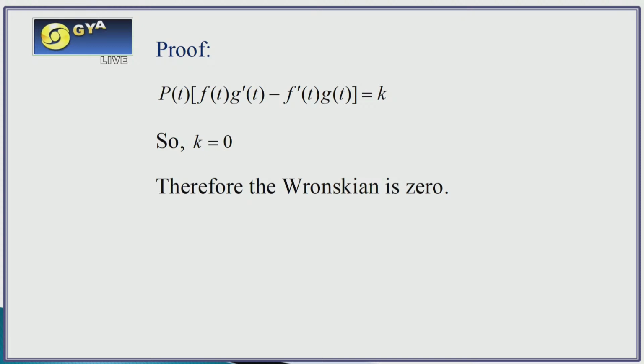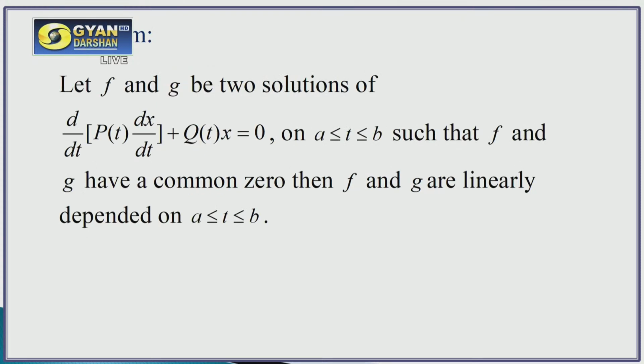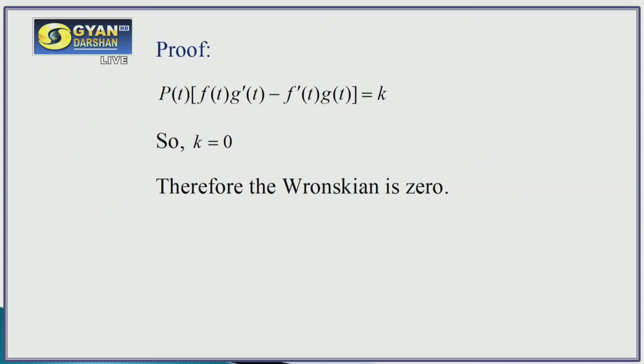Now assume t0 is the point where f and g both become 0. If you put t0 in this equation, it should be satisfied for all t between a and b.